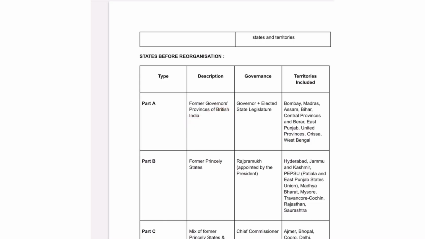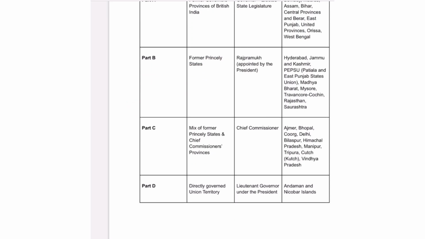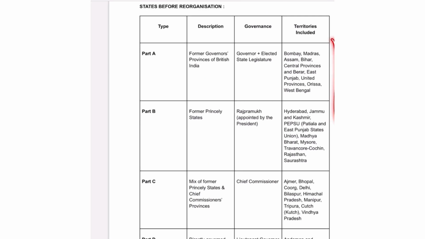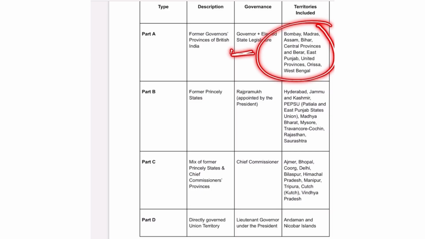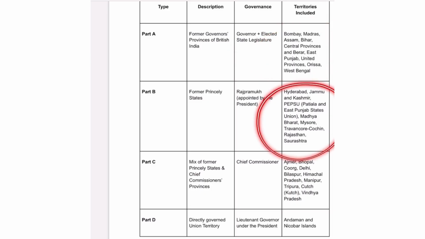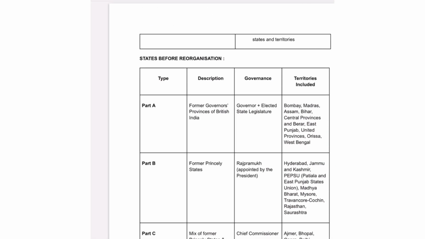So the British India states were Part A, the princely states, the kingdoms, were Part B, Part C were a mix of them, and Part D were union territories. So it is important that you go through these states, which all states were the provinces, British provinces, which states were the princely states, and the mix of this and the union territory. So this is how it looked.